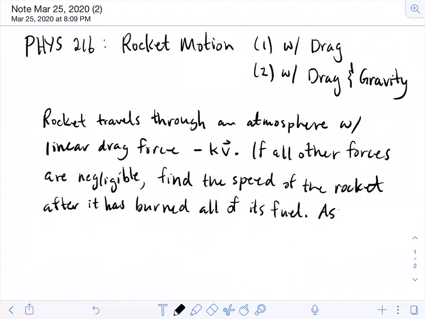And let's assume that it starts from rest.